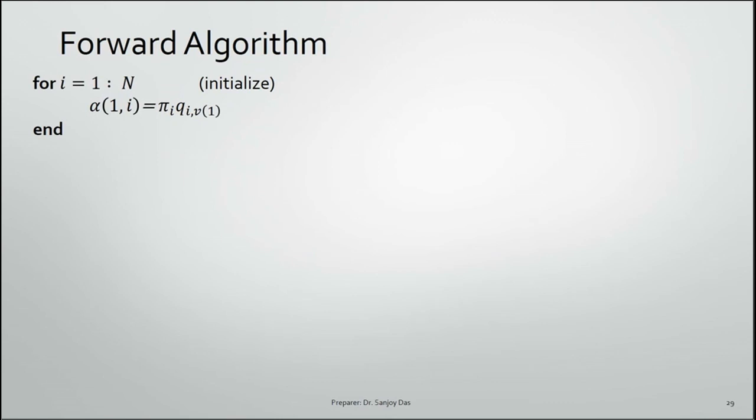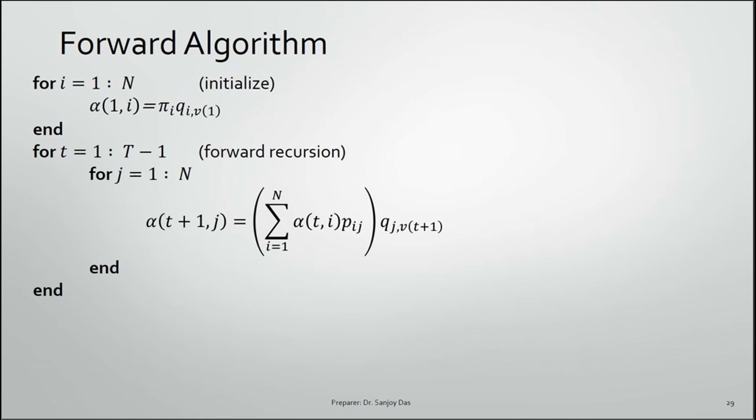We initialize for i equals 1 through n, alpha 1i equals pi i qi v1. And then we move forward recursively. So at any time step t, we have the value of alpha ti's for all i's. And then how do we compute alpha t plus 1 j? Using this expression.